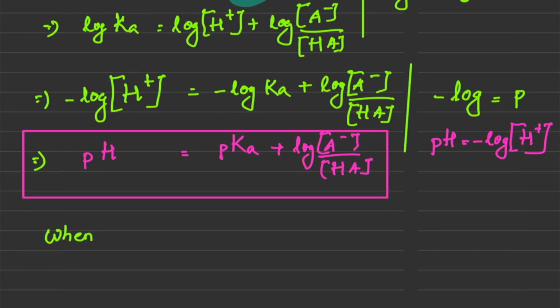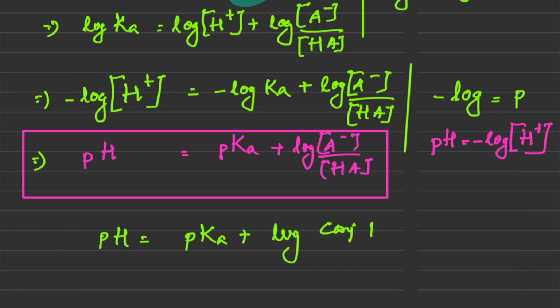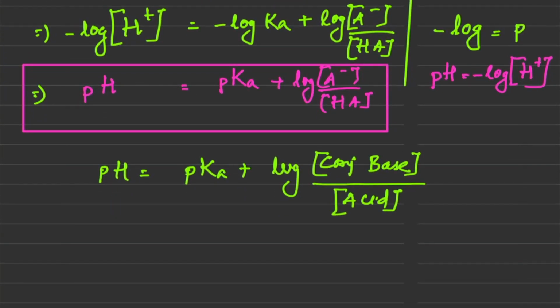Let's figure out what happens when the concentration of A- is... I'm going to rewrite this again. pH equals pKa plus log of A-, our conjugate base concentration, divided by the acid concentration. What happens when the concentration of conjugate base is equal to the concentration of acid?